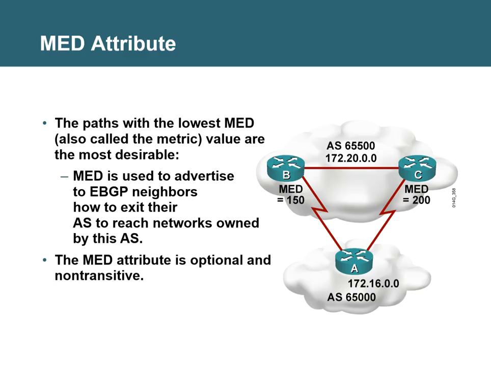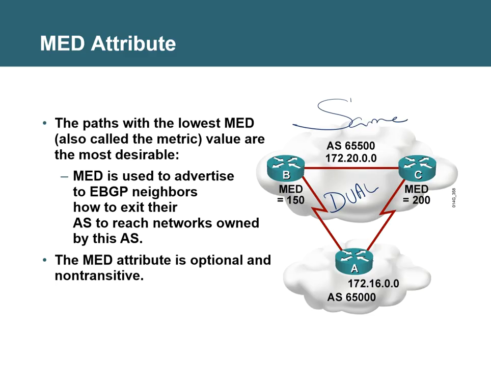MED, multi-exit discriminator. This will not be useful in all topologies, only if you have dual homing. This is dual homing. This is not multi homing. Do you agree? Why dual homing? A has got two connections to the same autonomous system.